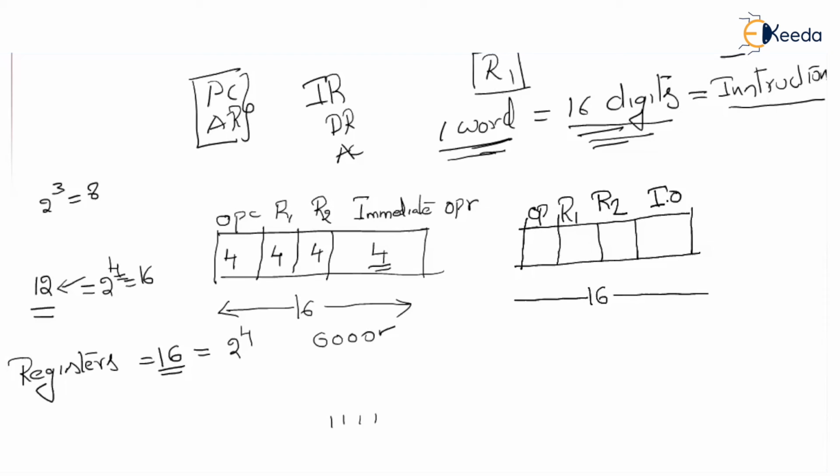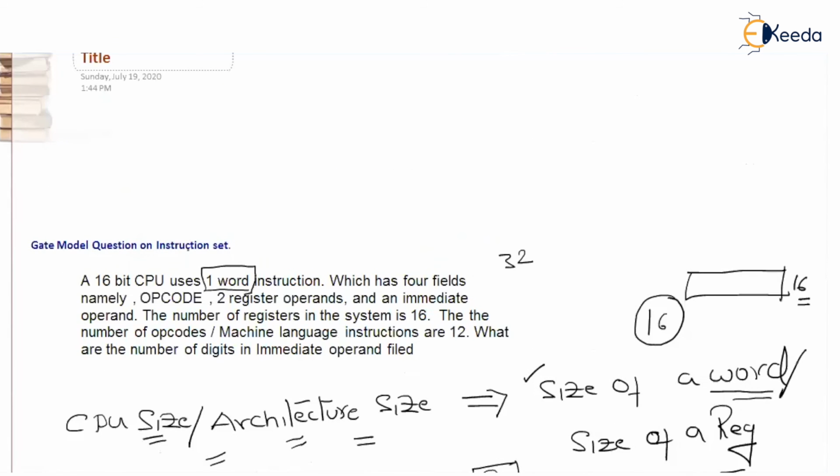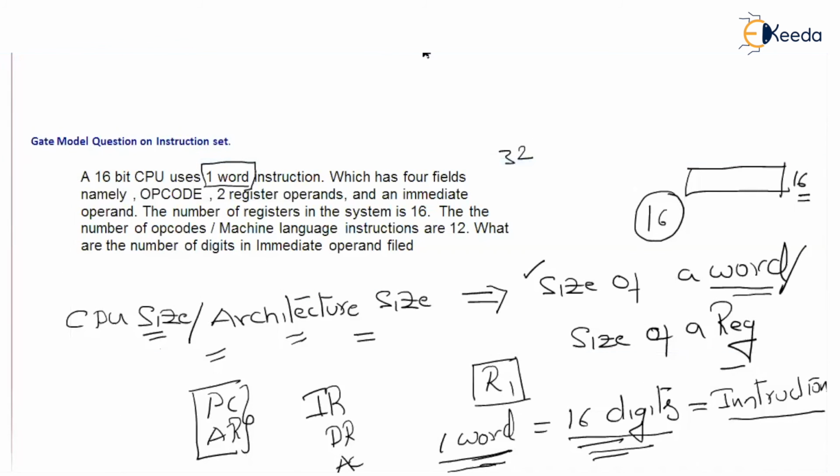How many bits are needed to accommodate the opcode field? Identify the total number of opcodes. Sometimes these are given as machine language instructions, or as opcodes, or as instruction set size.